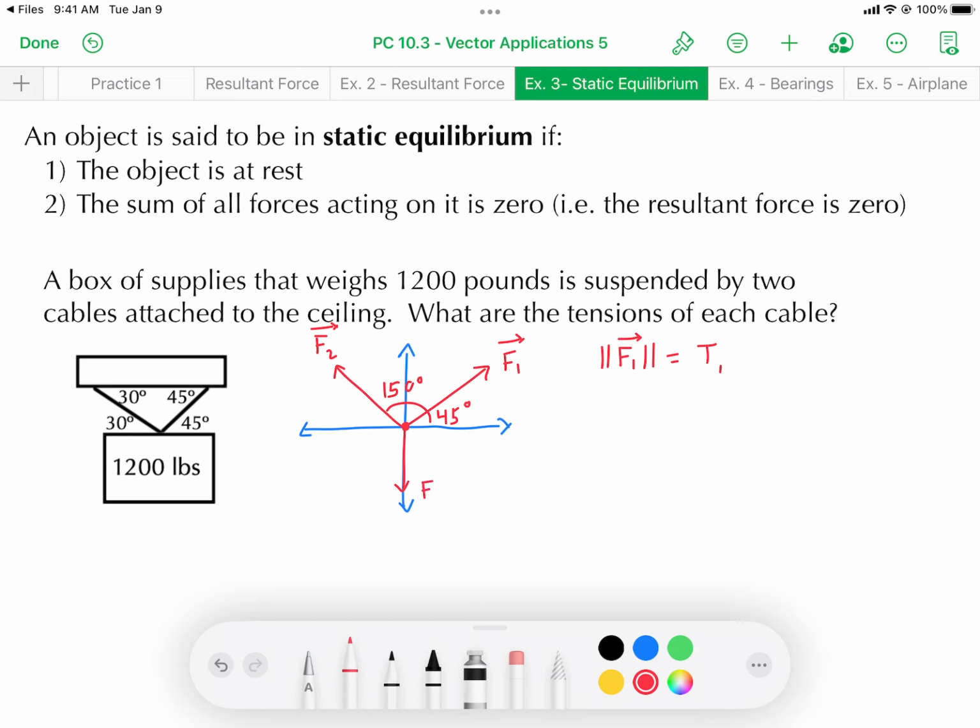Let's call that F sub 3. All right, let me back up here. The magnitude for that second force vector, I'll call the tension of that second cable, T sub 2. And the magnitude of this third vector is the weight of the box, 1,200 pounds.